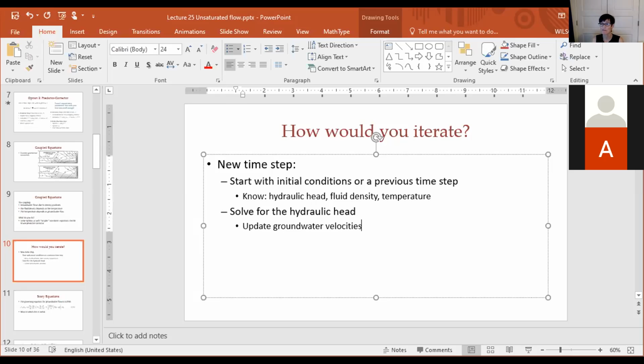Now could we solve for the temperature? Yeah, we can solve for the, oh, my chat window has people off the bottom. Yeah, there we go. Solve for the temperature. And then what do we want to update now that we've solved for the temperature?